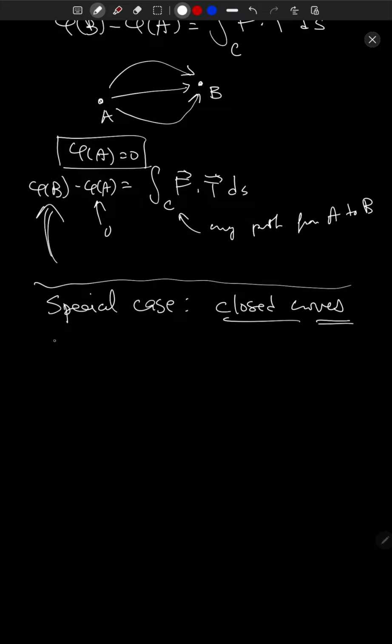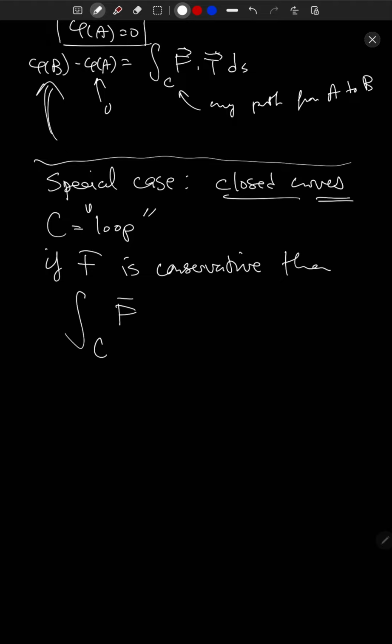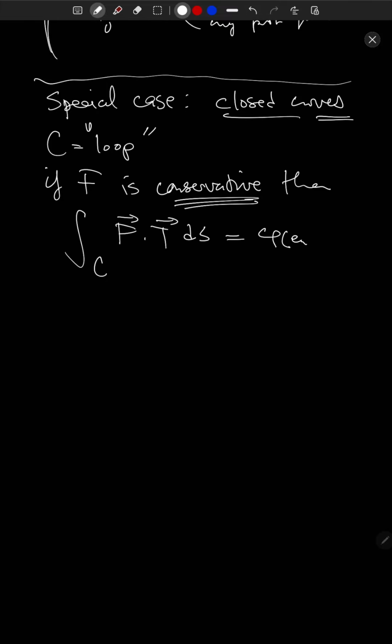So if C is, I'm just going to write it kind of colloquially, a loop, then if F is conservative, then the integral over C of f dot t ds, what is that? Well, if you're conservative, this is equal to phi of end minus phi of start.